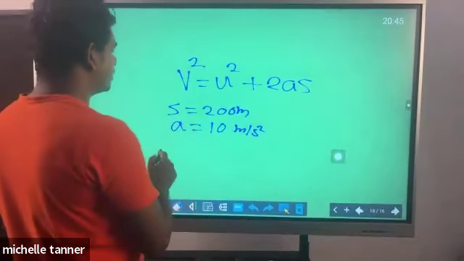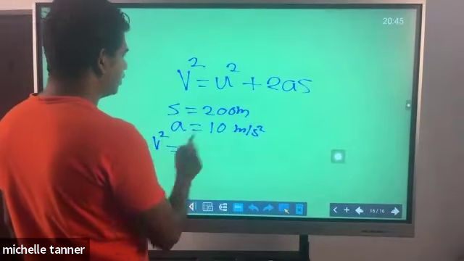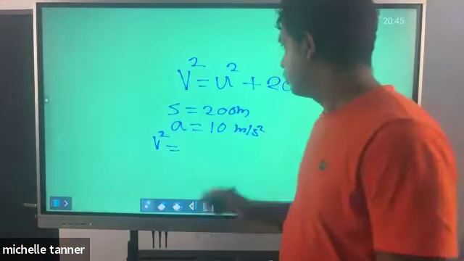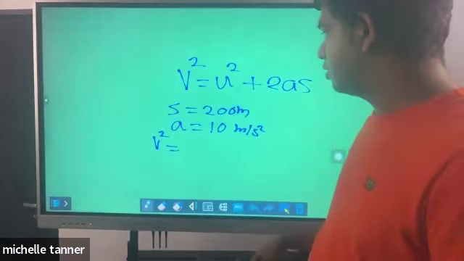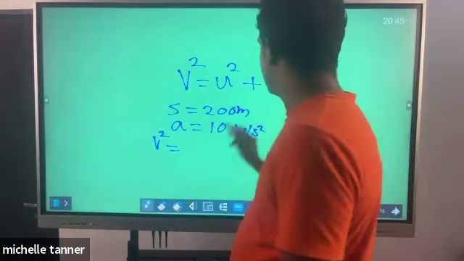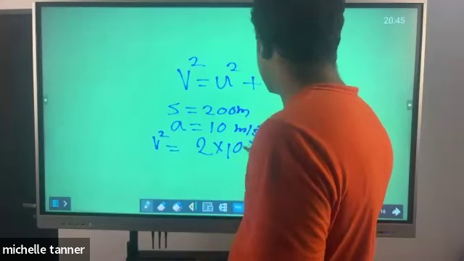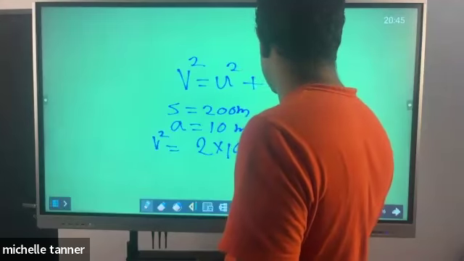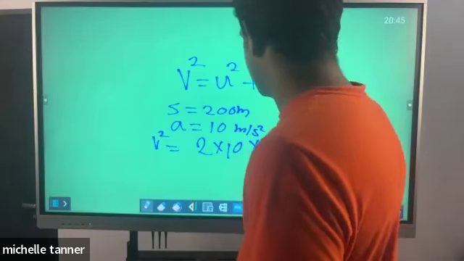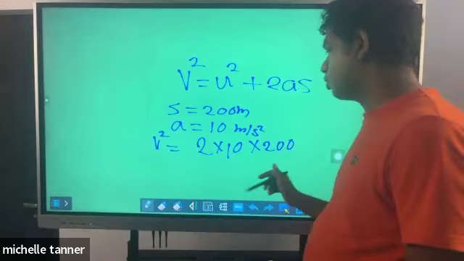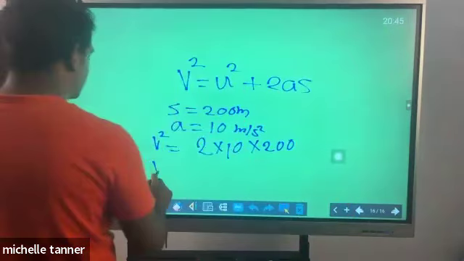Then apply this equation. v square equals initially 0. Still no need to write the 0. If you want, we can write 0, but it does not need to be written. 2 times acceleration 10 times displacement 200 meters. Then v square equals 4,000.